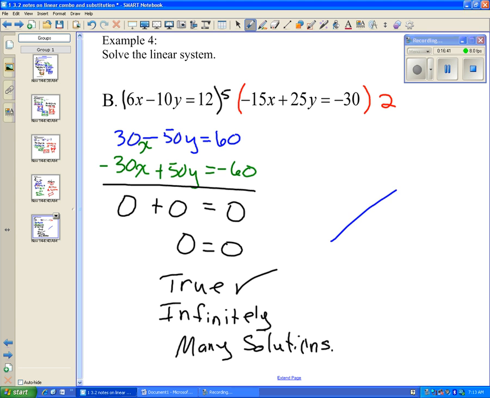If I graph these two lines, they turn out to be one line. For every x, I come up with the same y. Every point I choose is going to be on the same line because these two are actually the exact same line written differently. So every x I choose is going to give me a y that's on this line.